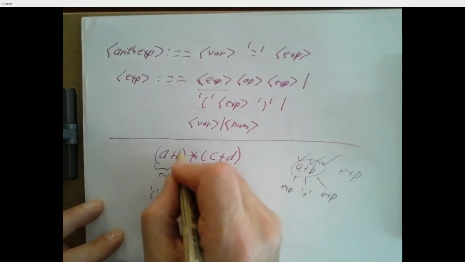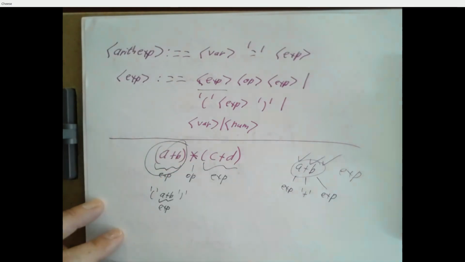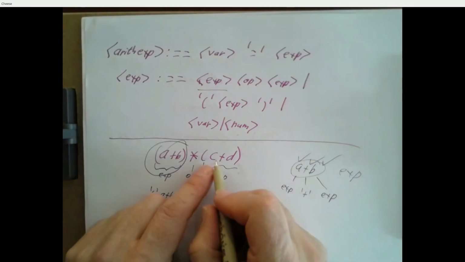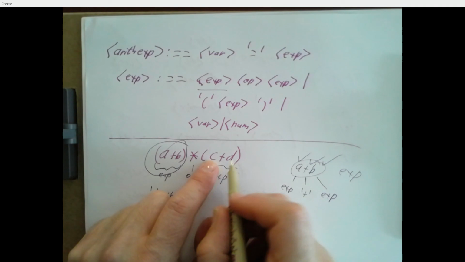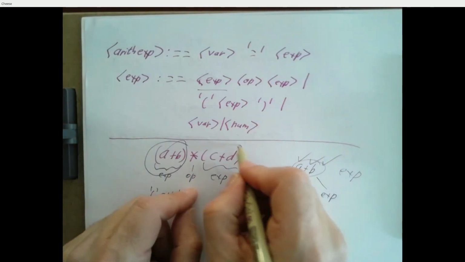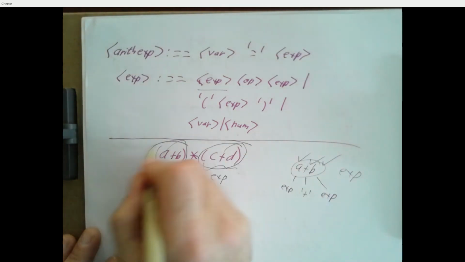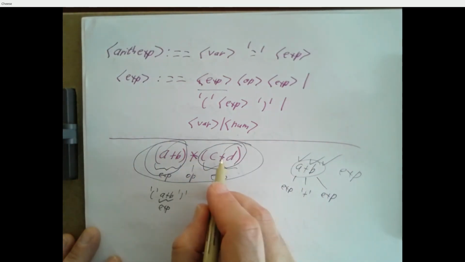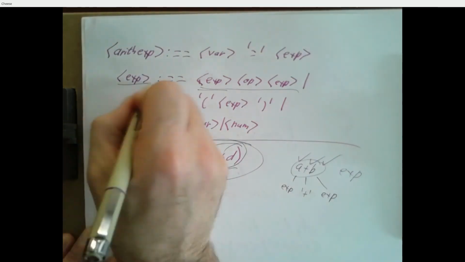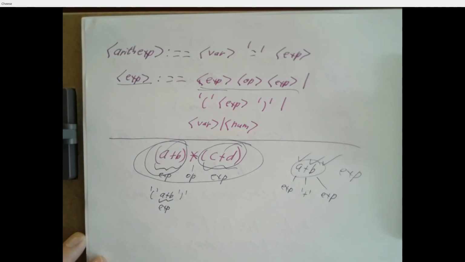And so parentheses, expression, parentheses, this is an expression. And same thing, C plus D will be an expression, so parentheses, C plus D, parentheses, this whole thing is an expression. And so our original string is an expression, an operator, and an expression, which means that it's an expression. I'm tired of saying expression.